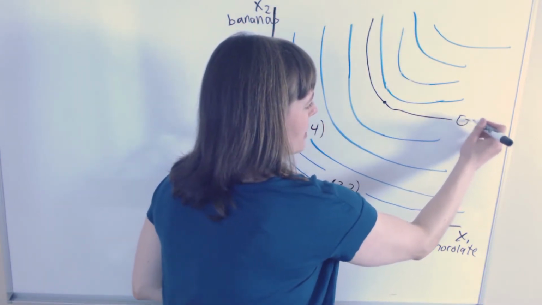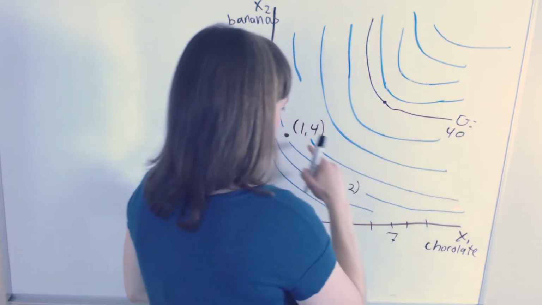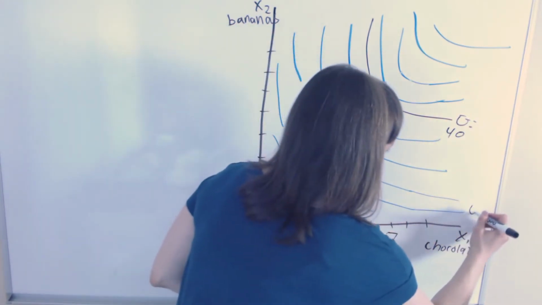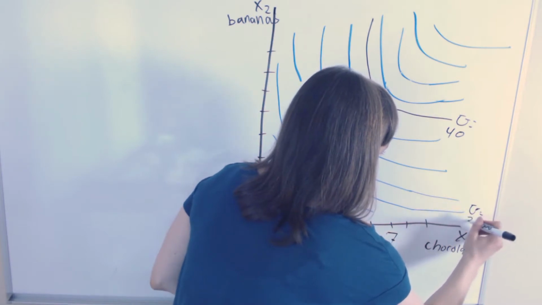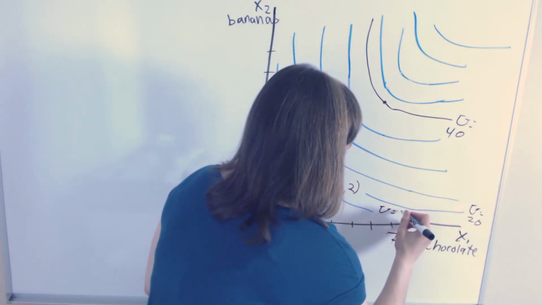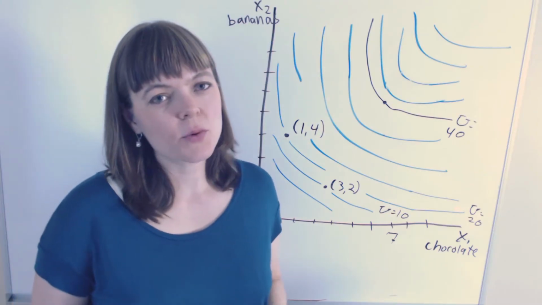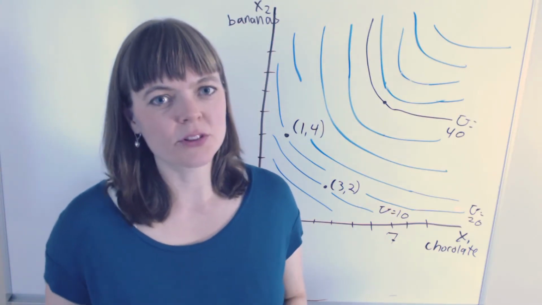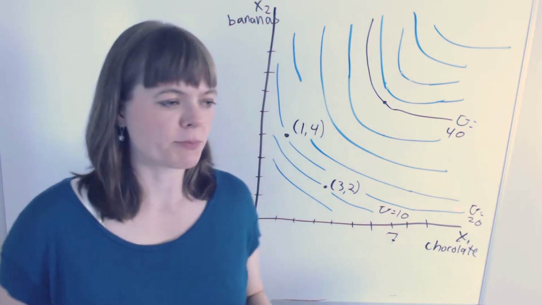This might be utility equals 40. This might be utility equals 20. This might be utility equals 10.